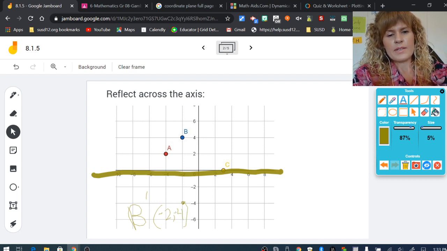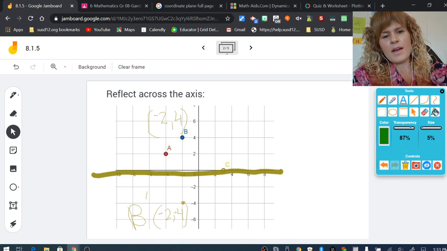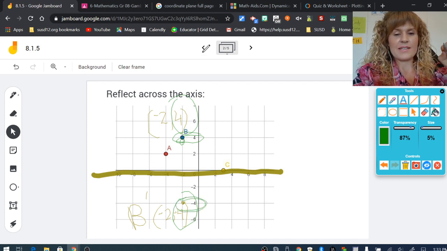What were the coordinates of our original image? They were (-2, 4). So what changes when you reflect across the x-axis? That's right, the y-coordinate changes because we went from 4 on the y-axis to -4 on the y-axis.